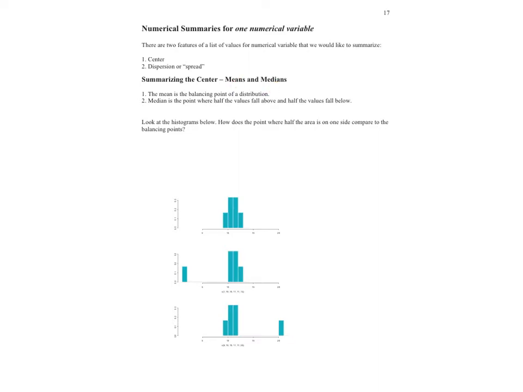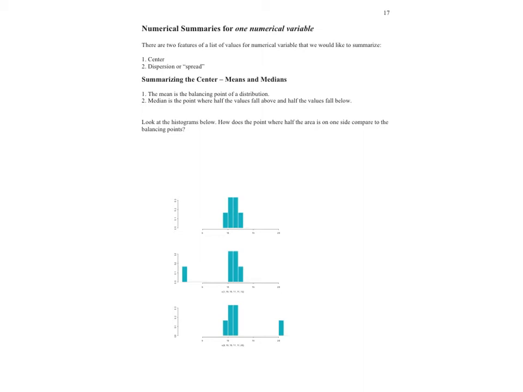So how can the center be two different things? Let's look at these three histograms below, and compare the point where half of the values are on one side and half are on the other with the balancing point.